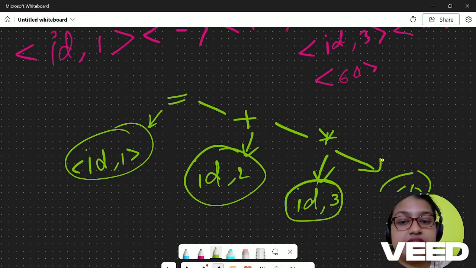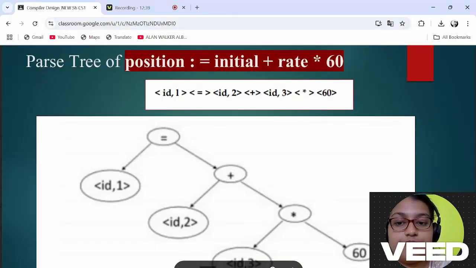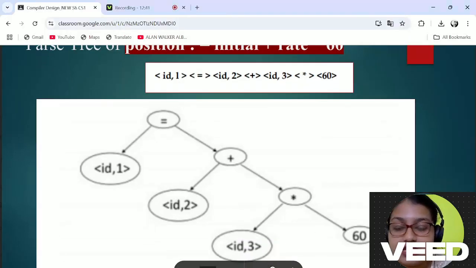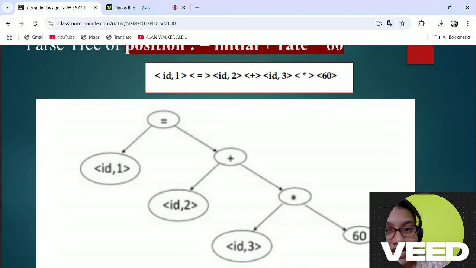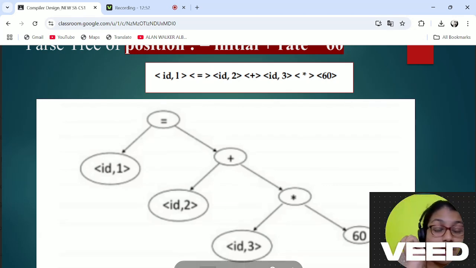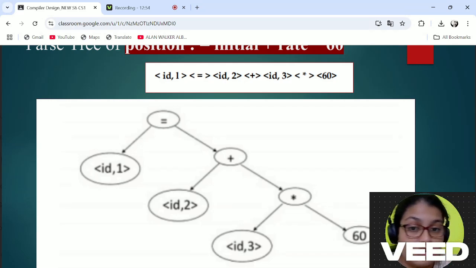Let's see if this is similar to what we have. We have equal to, in the left hand side we have id1, and the rest of this whole thing comes on the right hand side. Again we have to remember the operator and operand thing: operators should be in the interior nodes.